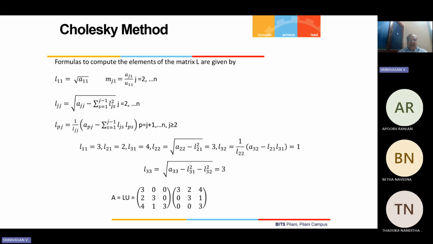It is not LU actually here, of course it is LU, but in Cholesky method, U is nothing but the transpose of L. Better to write it clearly, otherwise it will confuse you, because it is not that we have found U. In Cholesky method, A is LU in general, but you don't need to separately find U at all, since U is L transpose for Cholesky method.